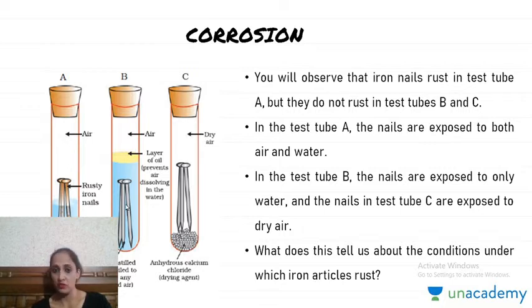In B, there is no rusting because air is absent, oxygen is absent. In C, air is present, but there is no water. So we concluded from this experiment that for iron to get corroded, we need oxygen or air plus water.